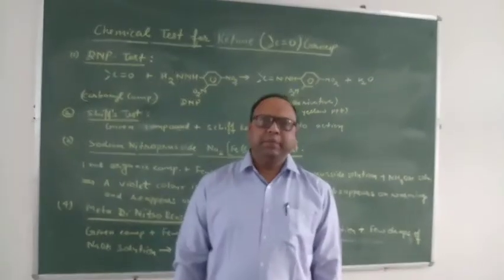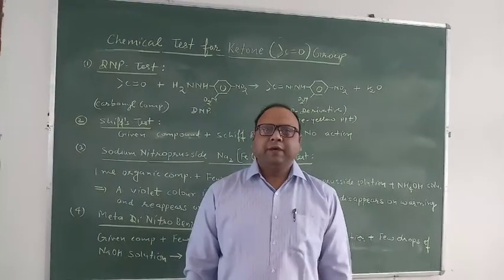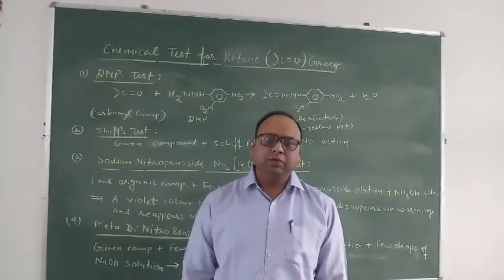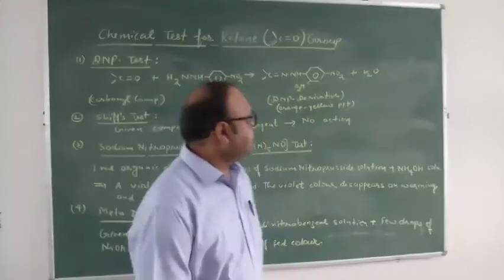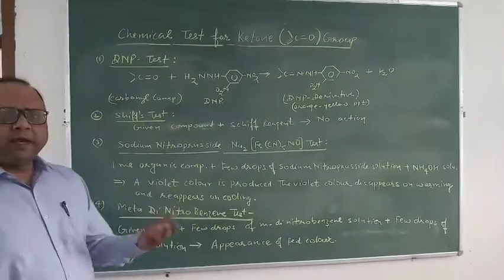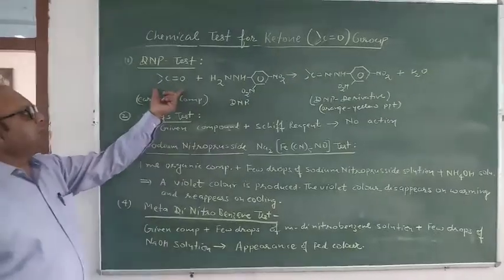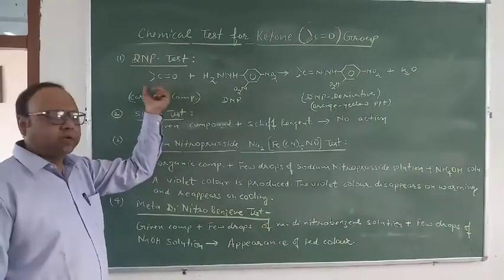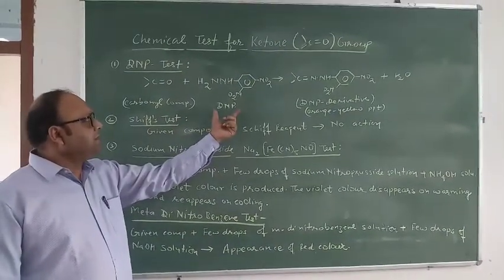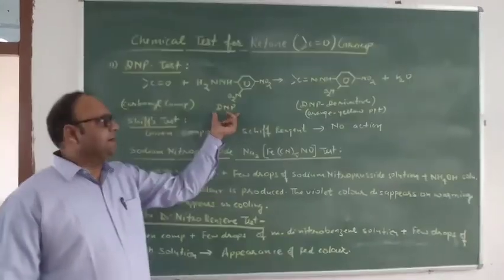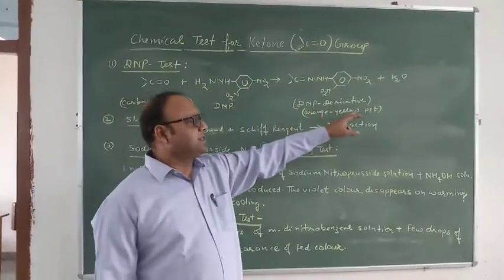Students, now we have to complete the detection of the carbonyl group, that is the ketone group. Okay, look here, for the ketone, like aldehyde, we firstly take the DNP test. Any carbonyl compound, that is aldehyde or ketone, when treated with DNP, dinitrophenyl hydrazine, gives an orange yellow precipitate.